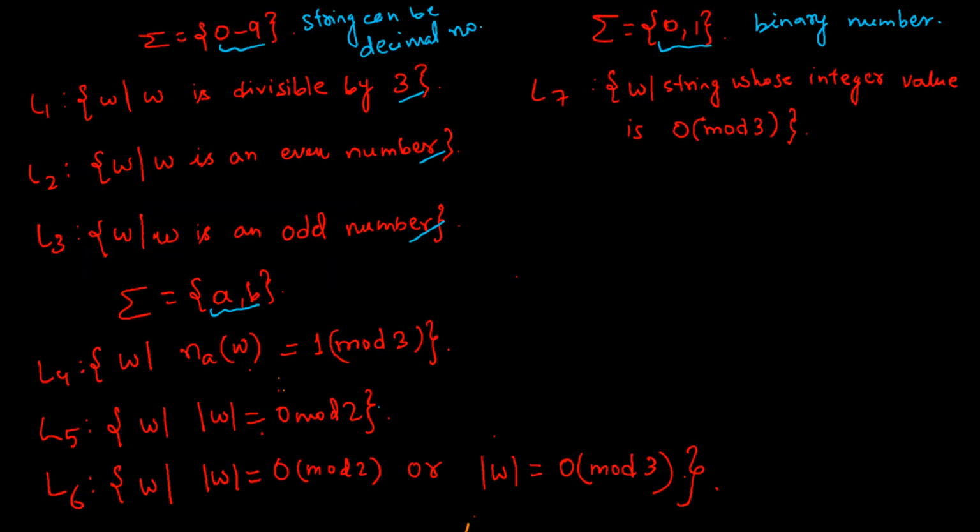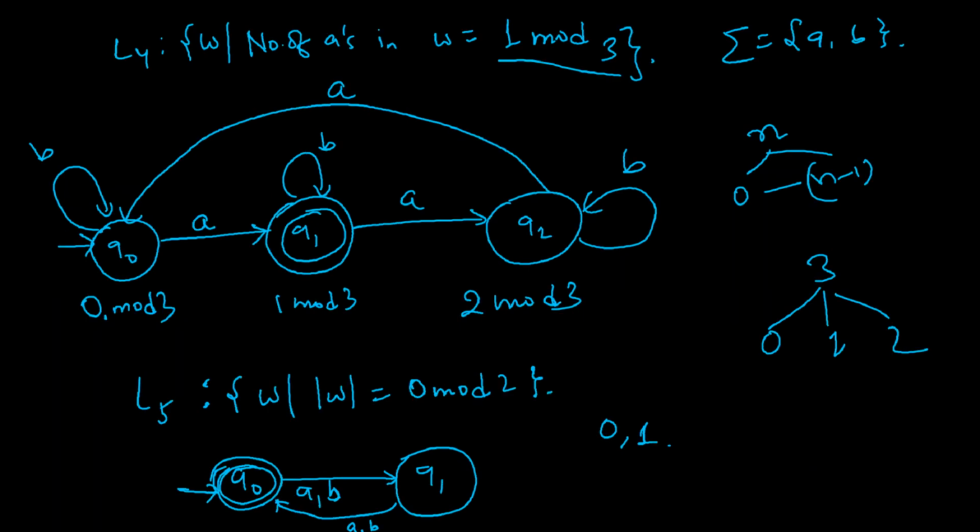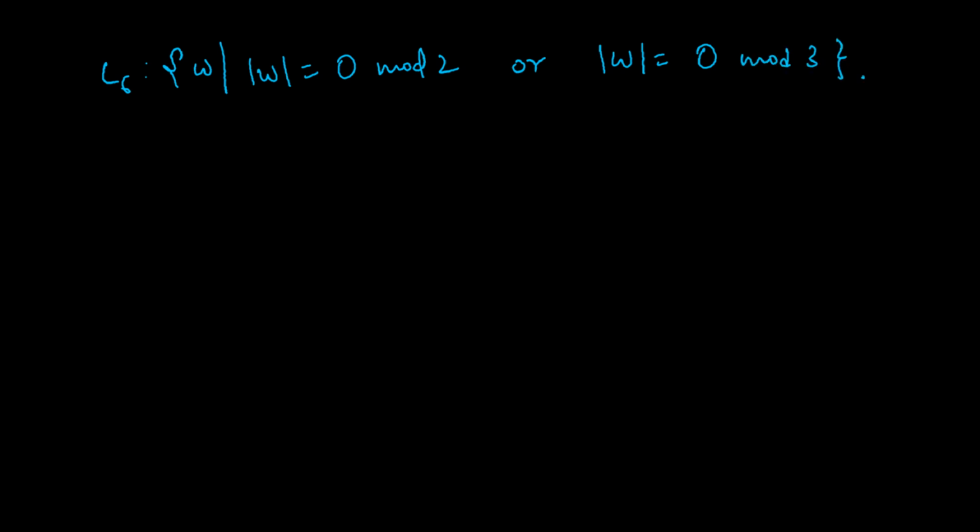L6 is W such that the length of W is equal to 0 mod 2 or the length of W is equal to 0 mod 3. I will construct the DFA for this in a while.